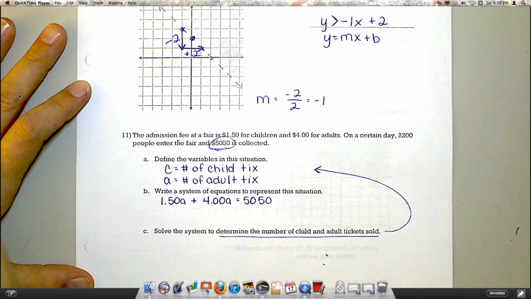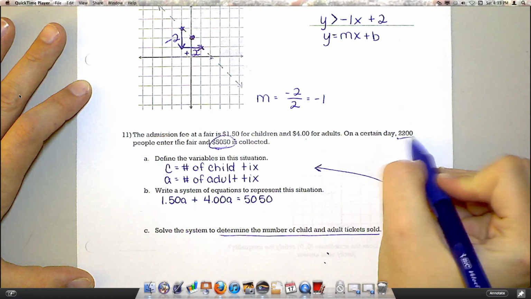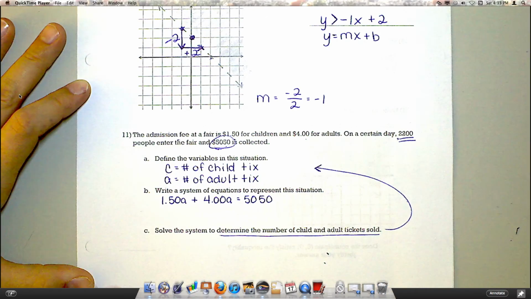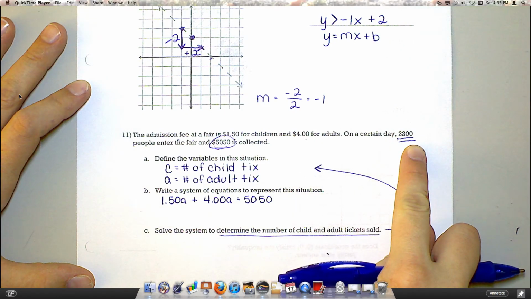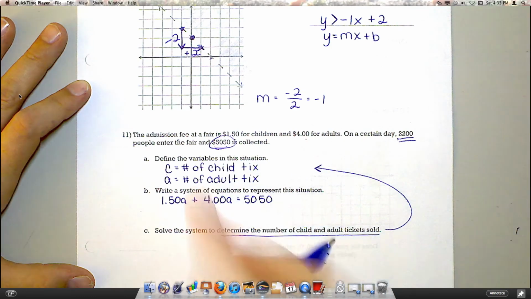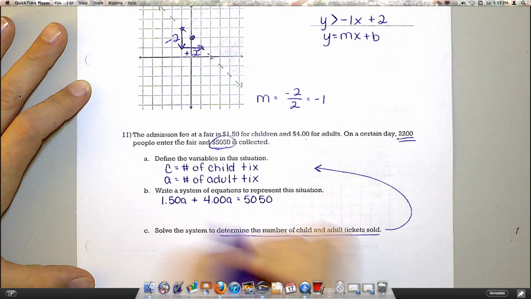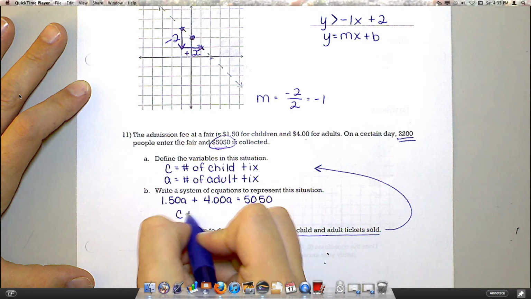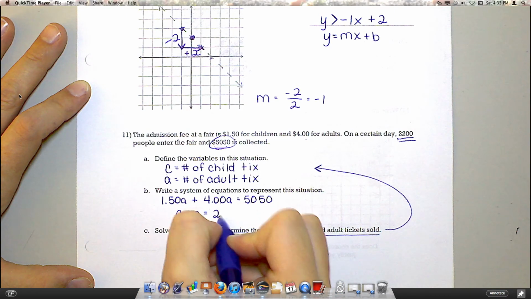Now I do need that 2,200 figure for my second equation. I know there were 2,200 tickets sold total. So to get my total number of tickets, I would add together my number of child tickets and my number of adult tickets. So my second equation is just C plus A equals 2,200.